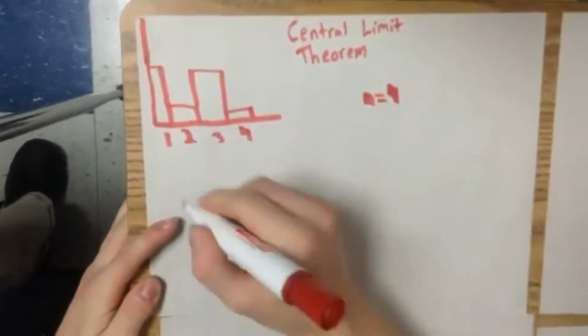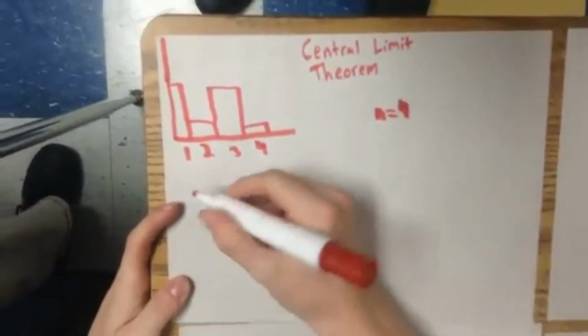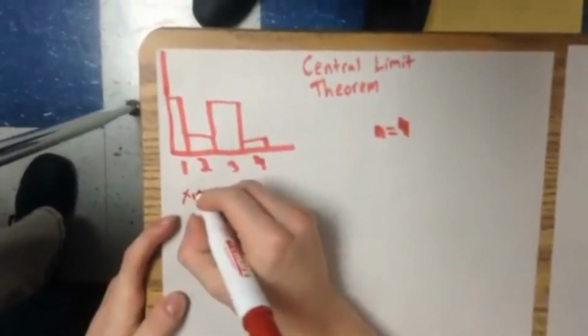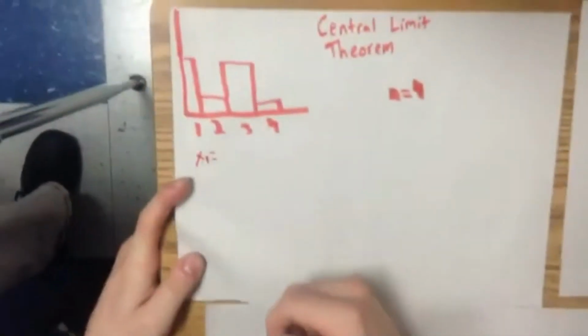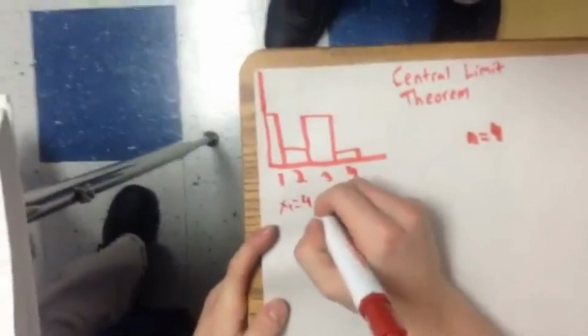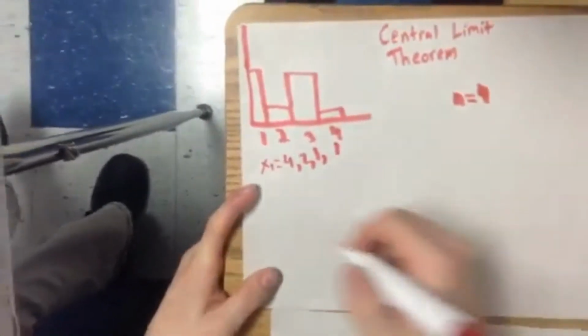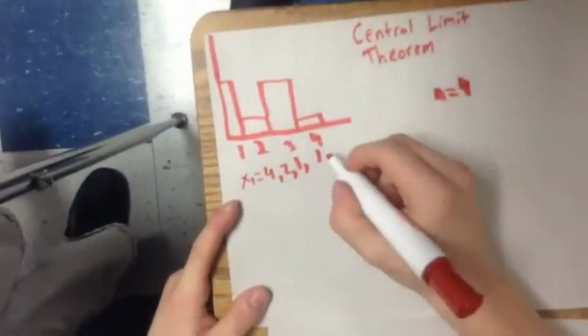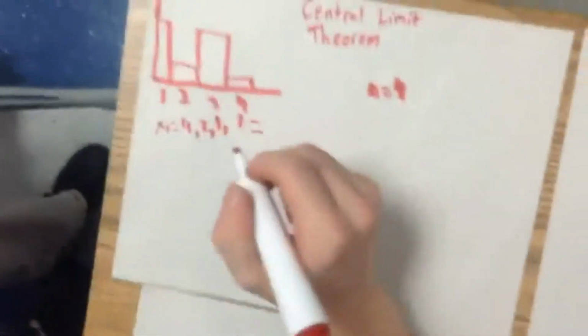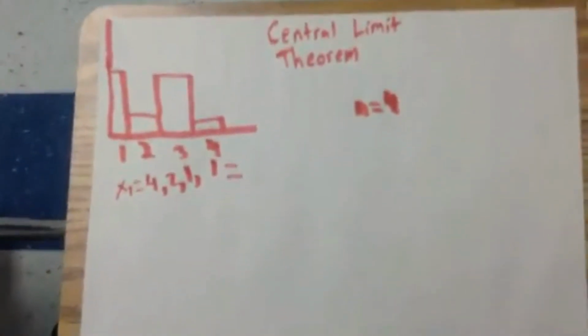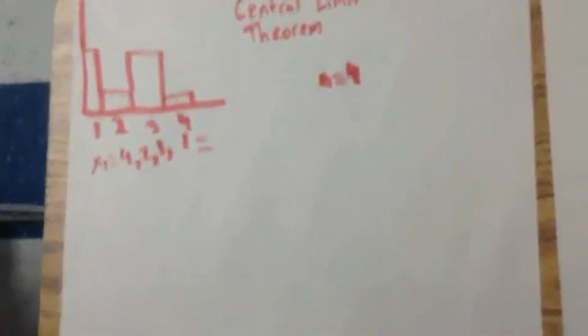So let's say my first sample, we're going to call this X subscript 1, goes, I'm going to pick numbers randomly here, 4, 2, 1, 1. And I would find the mean of this, which would end up being 4 plus 2 plus 1 plus 1, divide that by 4.